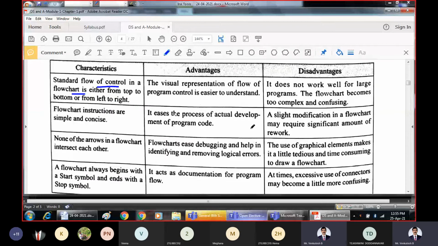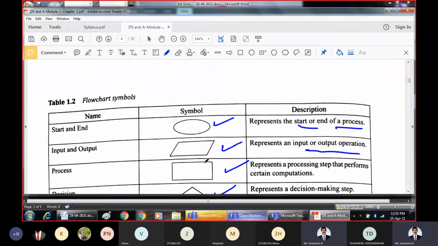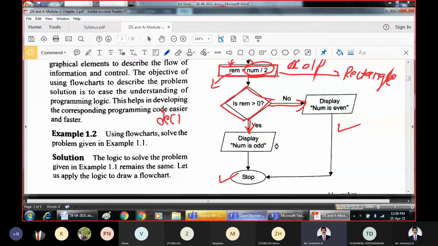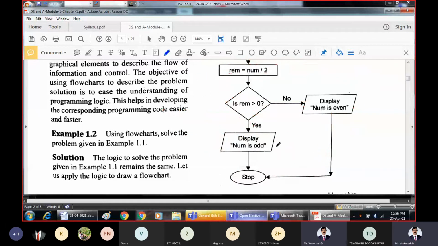Now, the flowchart instructions are simple and concise, very similar to an algorithm, and none of the arrows in the flowchart should intersect. That means we are not supposed to make intersections with the arrows. At any given point of time, there should be no such situation in the flowchart.